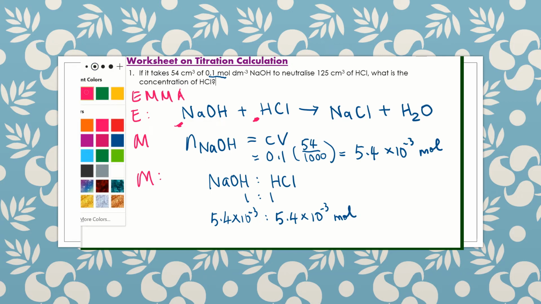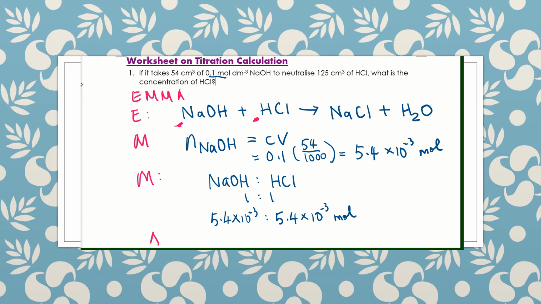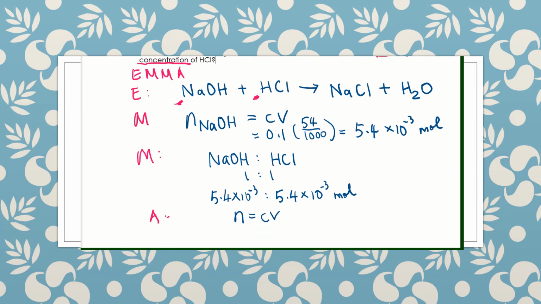And the final letter A is the answer. We are asked to find the concentration. In other words, we have to go back to the same formula, n = CV, and to find the concentration, C = n/V.